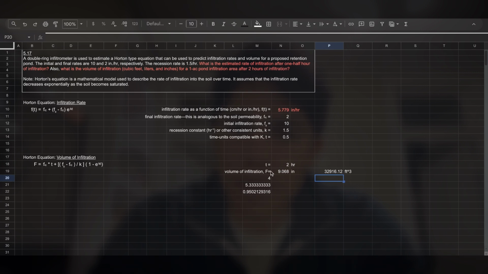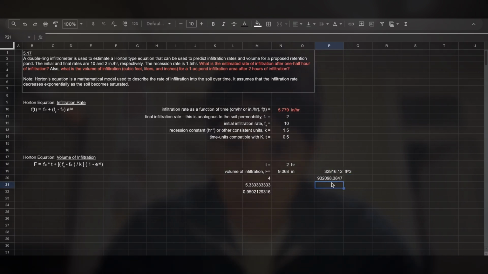And now we need the same volume in liters, so we need to go from cubic feet to cubic meters and then into liters. So we have these cubic feet, and in 1 cubic meter there are 35.314 cubic feet, and then to get rid of the cubic meters we multiply by 1,000 liters in 1 cubic meter.